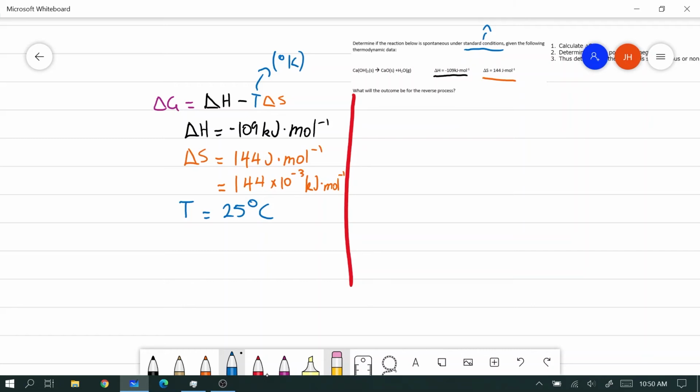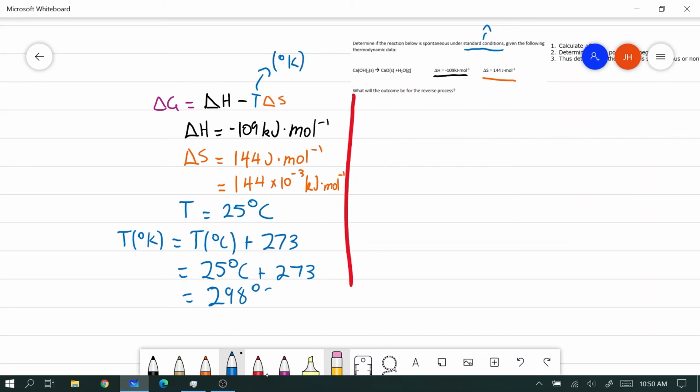So whenever we're doing temperature in Kelvin, it's always equal to our temperature in Celsius plus 273 additional degrees. So in this case, standard conditions of 25 degrees Celsius will always be 298 degrees Kelvin. So we can use that value as well.